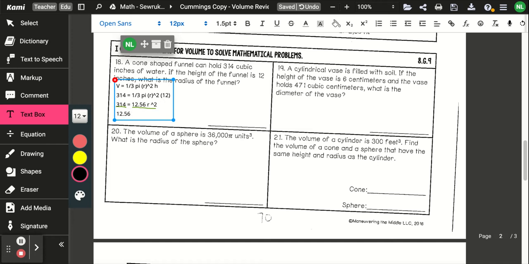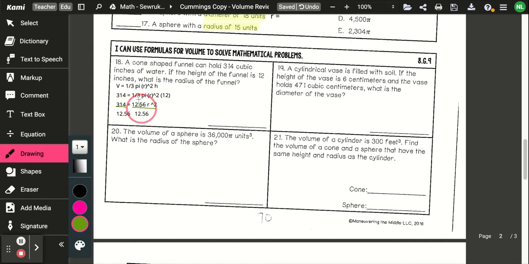Whatever I do to one side, I have to do to the other side. So then these will cancel. And I'll have to do 314 divided by 12.56. And I'll actually get 25.